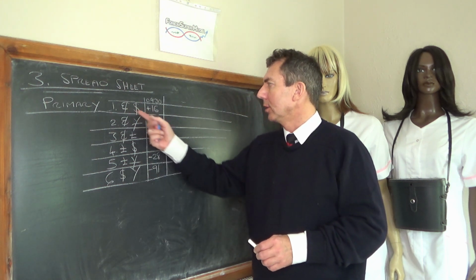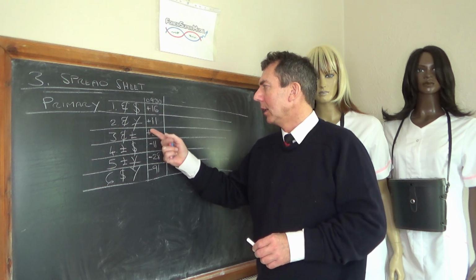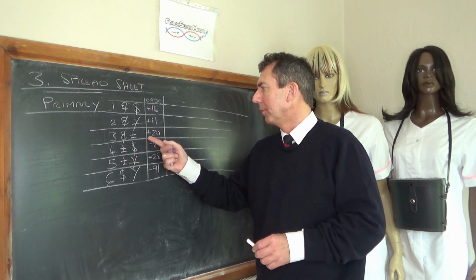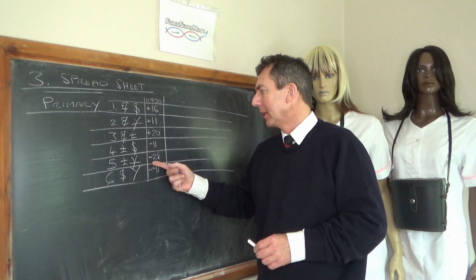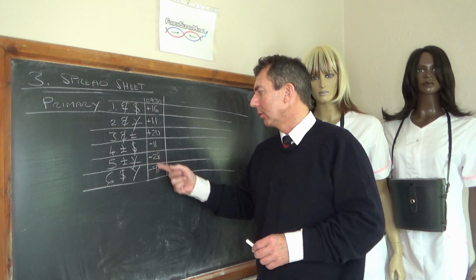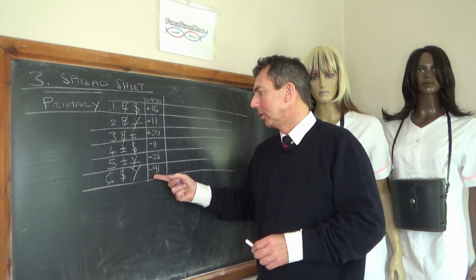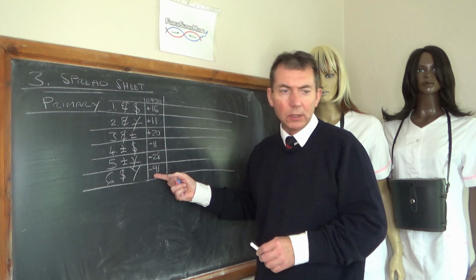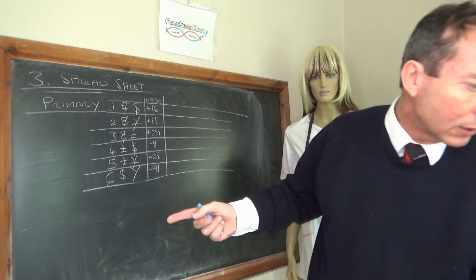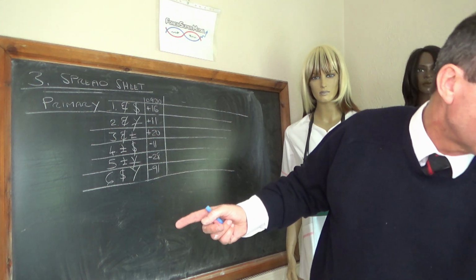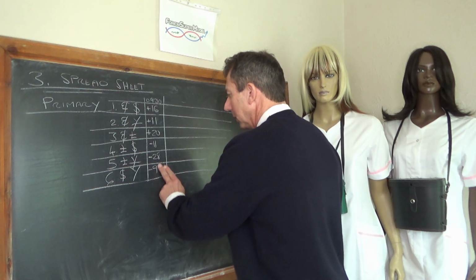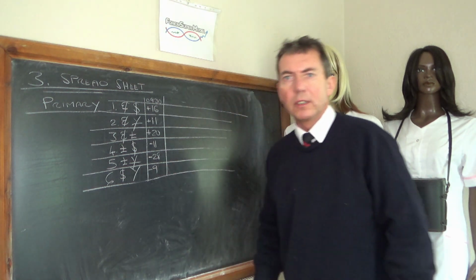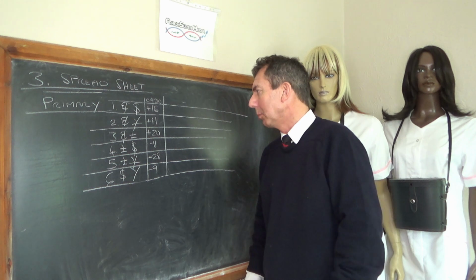So in this case, the euro dollar was plus 16, euro yen plus 11, euro pound plus 20, pound dollar minus 11, pound yen minus 28, and dollar yen was minus 9. But it doesn't really matter what the figures are. It's just an example.